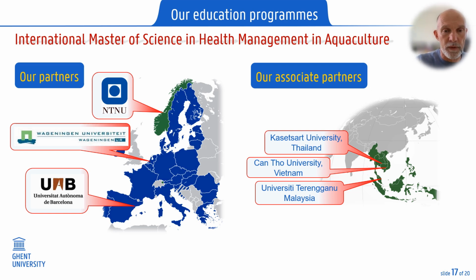In Europe, that is Trondheim University in Norway, Wageningen University in the Netherlands, and Universitat Autònoma de Barcelona in Spain. We also have a number of associate partners worldwide, such as Kasetsart University in Thailand, Can Tho University in Vietnam, and Universiti Malaysia Terengganu in Malaysia, that are also contributing to our program.